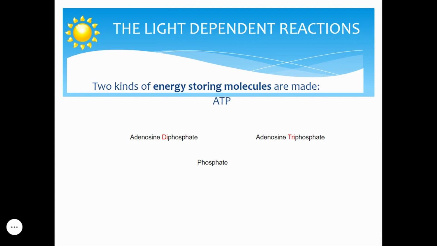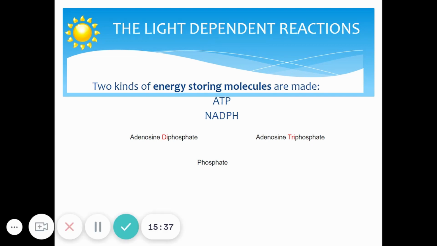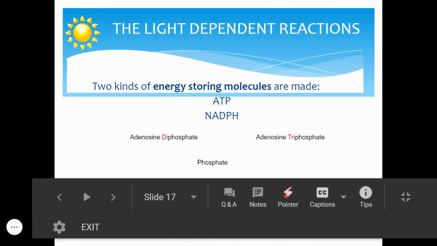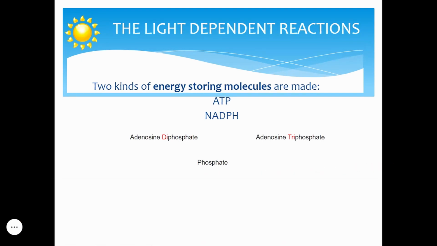The first kind of energy molecule that we'll make is called ATP. The second is called NADPH. We are not going to talk much about how NADPH is made, but we will talk about how ATP is made. We're going to talk about that right now.